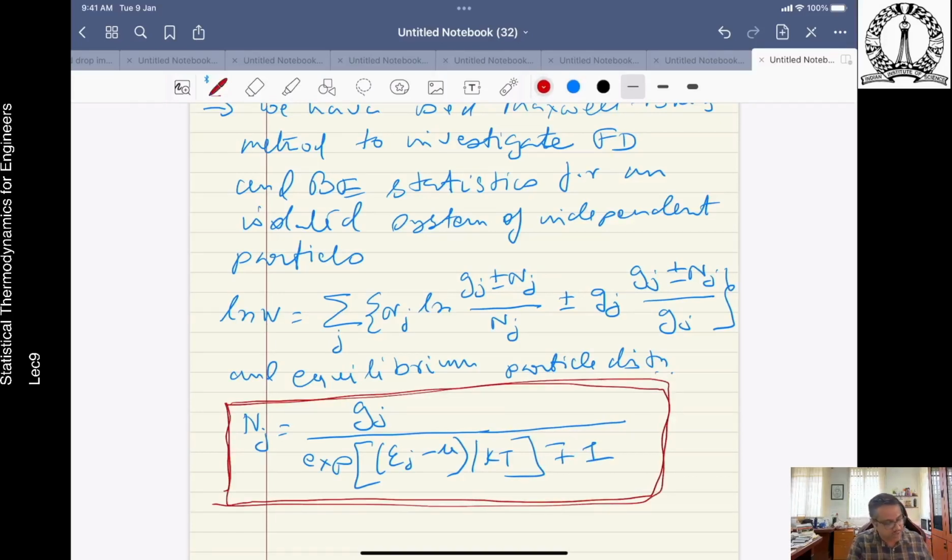So this is the equilibrium particle distribution.